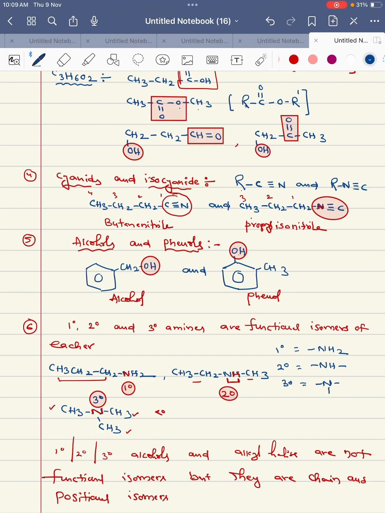Please remember this point. So 1 degree, 2 degree, 3 degree amines are functional isomers of each other, but 1 degree, 2 degree, 3 degree alcohols or alkyl halides are not functional isomers, but chain and positional isomers.